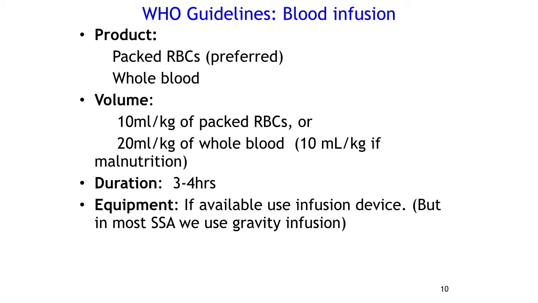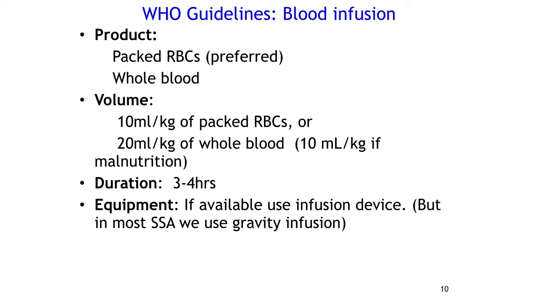On duration, it gives us 3 to 4 hours of transfusion. Again, equipment is non-committal. You can use an infusion device, like an infusion pump, if it is there. We don't have this often, and so we give by gravity. So these are the WHO recommendations on how to transfuse.